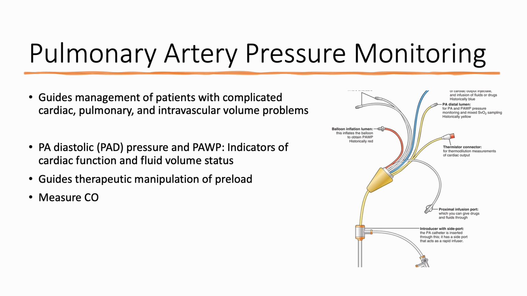PAD pressure reflects left heart function actually, while PAWP, pulmonary artery wedge pressure, helps assess left ventricular preload. The PA catheter guides the therapeutic manipulation of preload. By monitoring these pressures, clinicians can optimize fluid management and improve cardiac output.